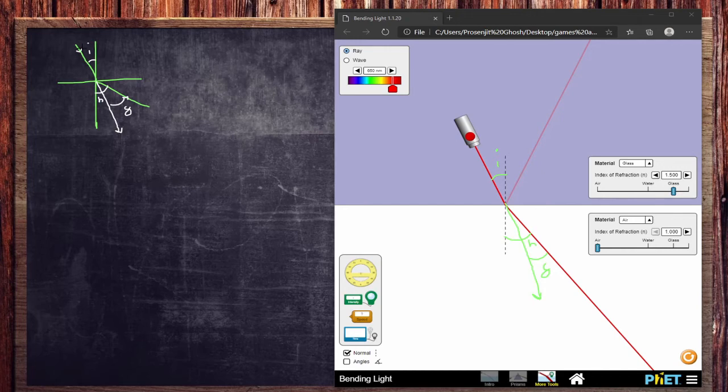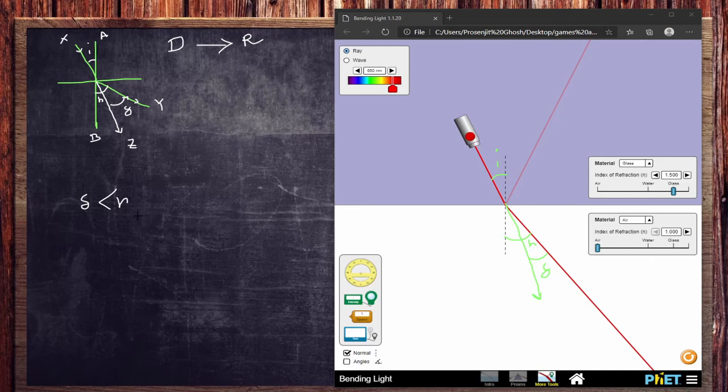So we got the idea about refraction from denser medium to rarer medium. Now let me mark it with X, Y, and Z. In this case, you can see that delta is less than R.